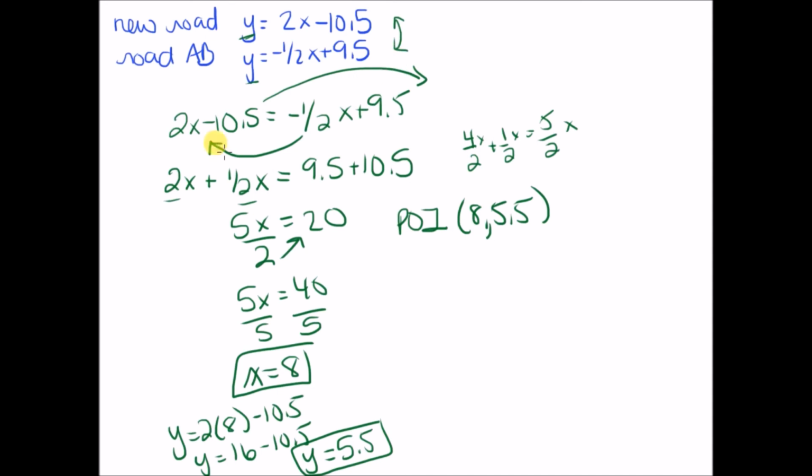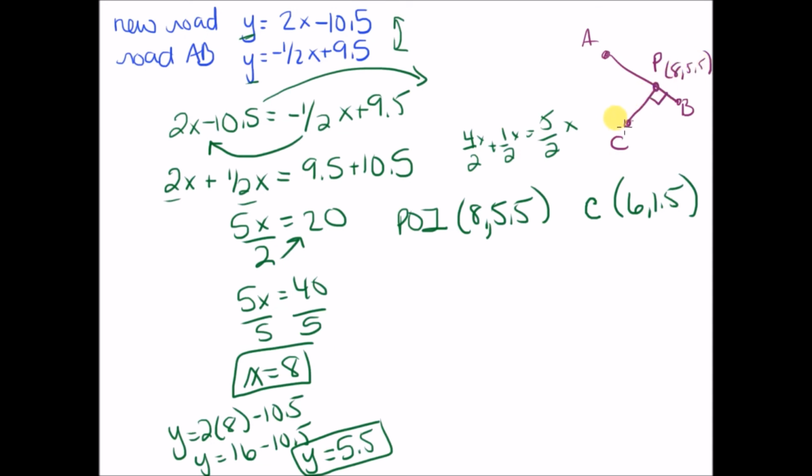Now, if you remember, the cabin, let's call it C, is at 6, 1.5. So we had A, we had B, and we had the cabin, let's call it C. And then this is not the midpoint, so let's call it P, the point of intersection. This is 8, 5.5.